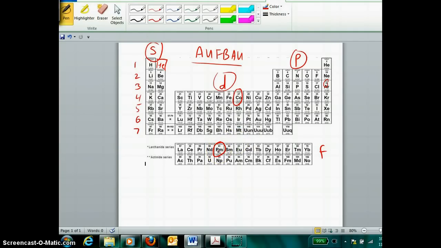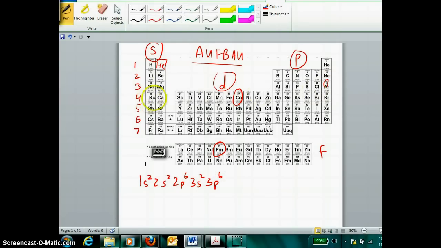We play the same game, except we're going to have to count upward from 1 to 61. 1 and 2 are still 1s. 3 and 4 are still 2s. 5 through 10 are in 2p. The first p is 2p. And then 11 and 12 are 3s electrons, 2 of them. And then 13 through 18 are, if this is 2p, I remember that's 3p, 6.